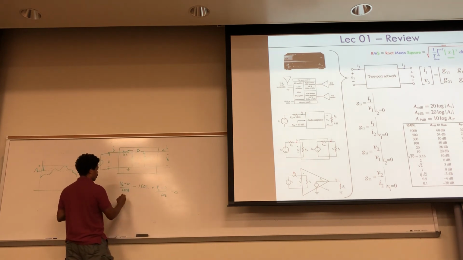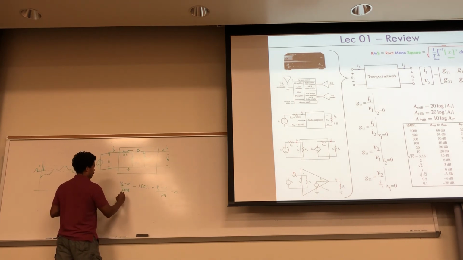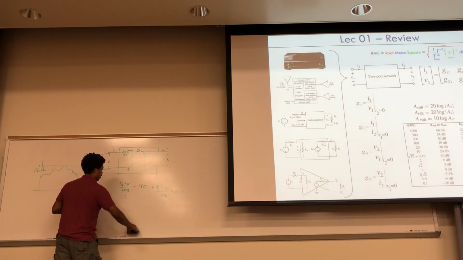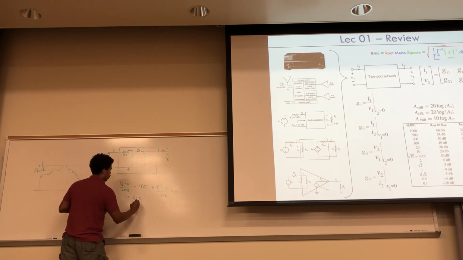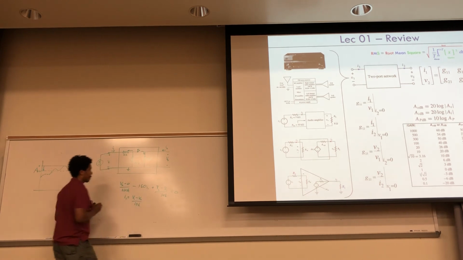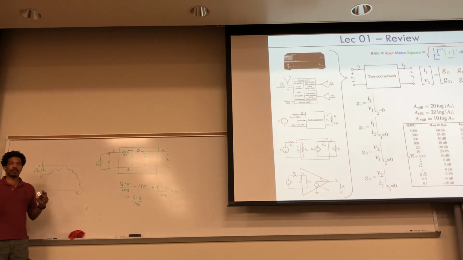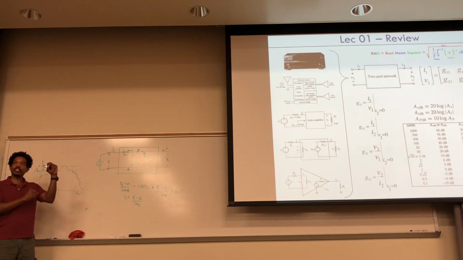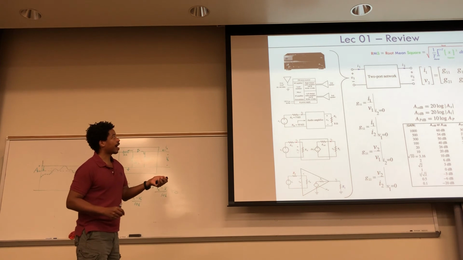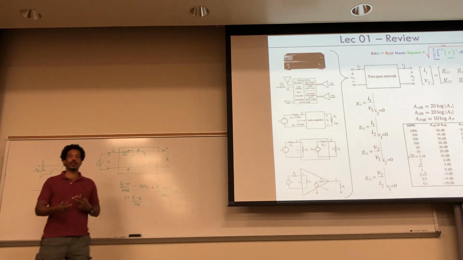And then you have another equation that says I1 equals V1 minus V2 over this 10K. And these two equations, you have your V2s. So you solve this for V2, you plug it in here, and then you have an equation in terms of I1 and V1. Then you just manipulate it to have the ratio of I1 and V1, and that'll give you your G11.